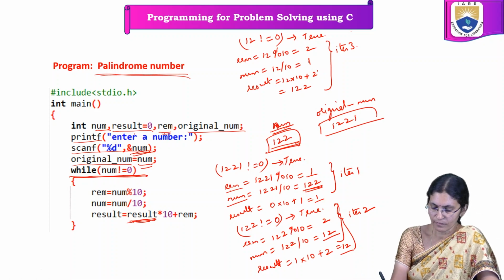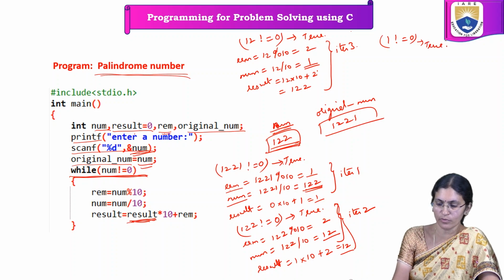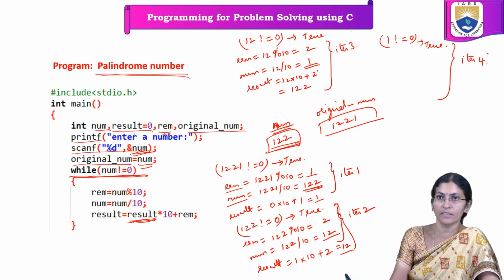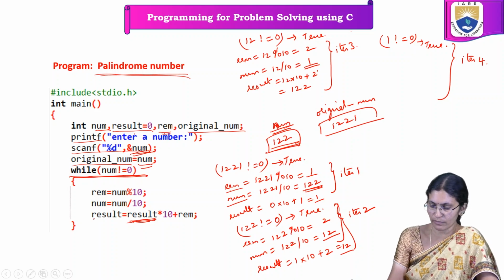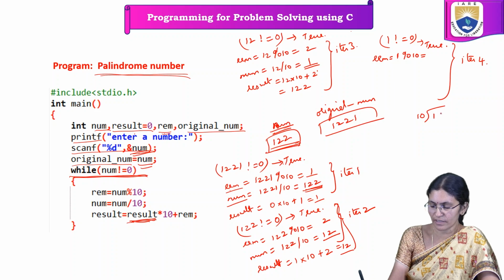Next, the num value we got is 1. Again it will check the condition. 1 is not equal to 0, so this condition also evaluates to true, and these statements will be evaluated. The remainder is 1 mod 10, which is nothing but 1 divided by 10.